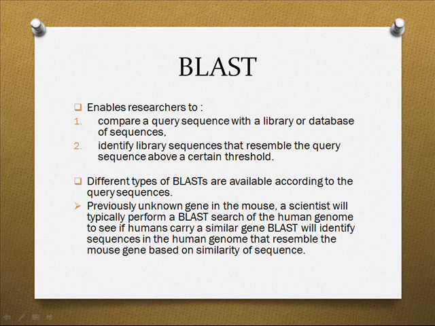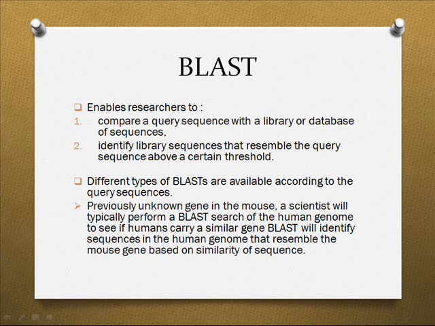A BLAST search enables a researcher to compare a query sequence with a library or database of sequences and to identify library sequences that resemble the query sequence above a certain threshold. From the BLAST search also, different types of BLASTs are available according to the query sequences.